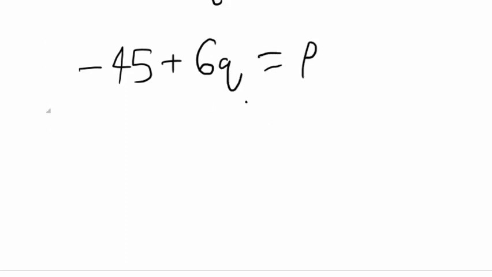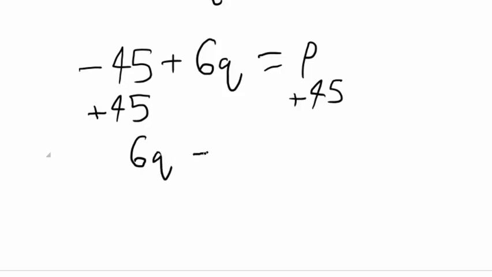Now if we were to solve for Q by adding 45 to both sides, that gives us 6Q equals P plus 45.